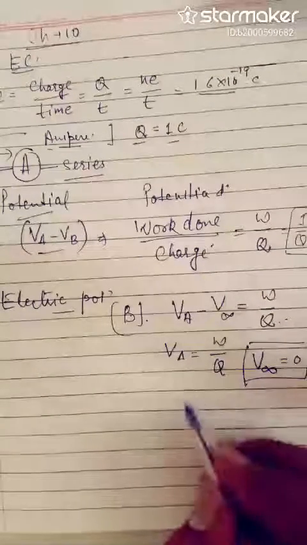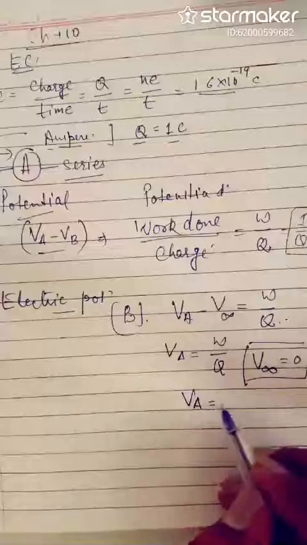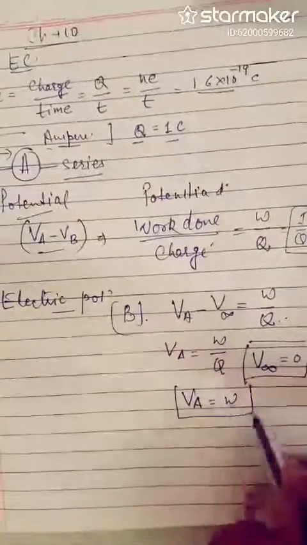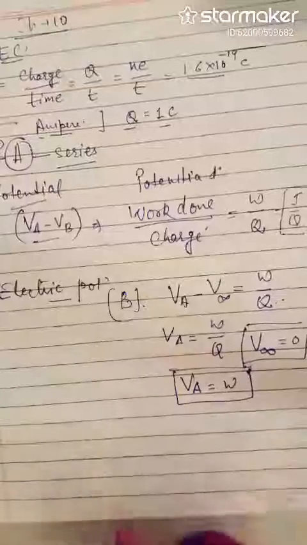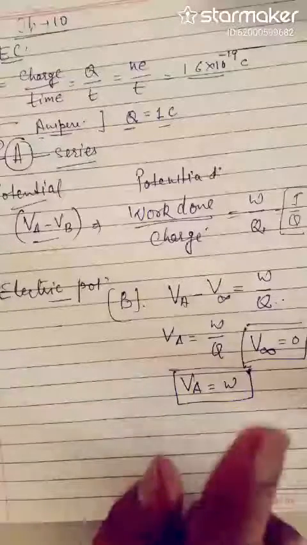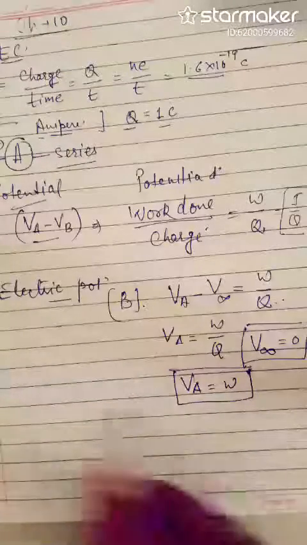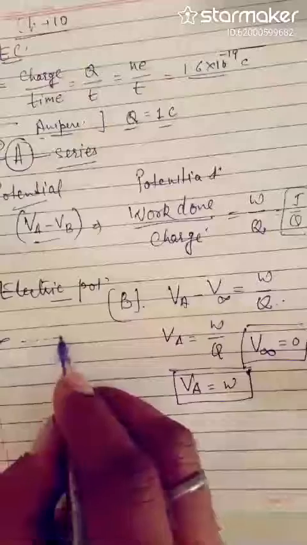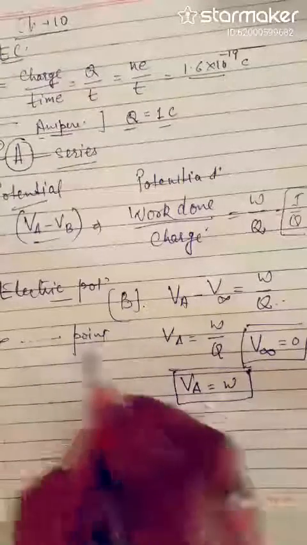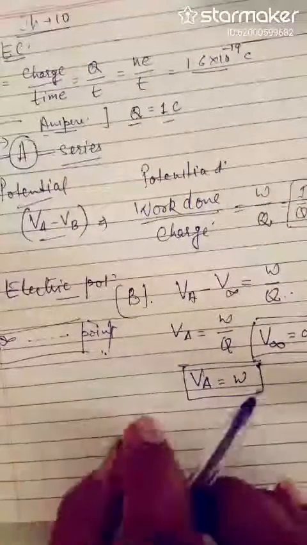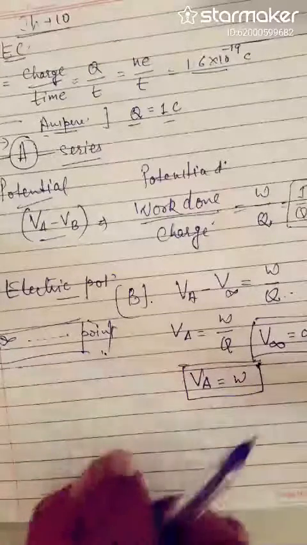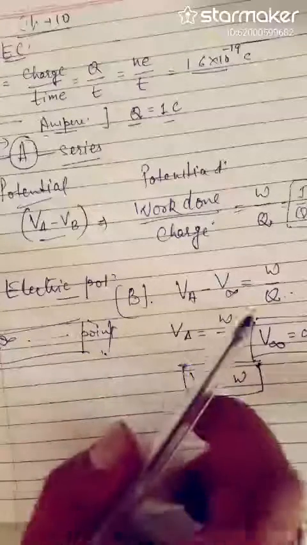So we can say that VA equals work done upon charge. The electric potential at any point is equal to the amount of work done in bringing a unit positive charge from infinity to that point. That is the electric potential. Electric potential difference is measured by a device called a voltmeter.